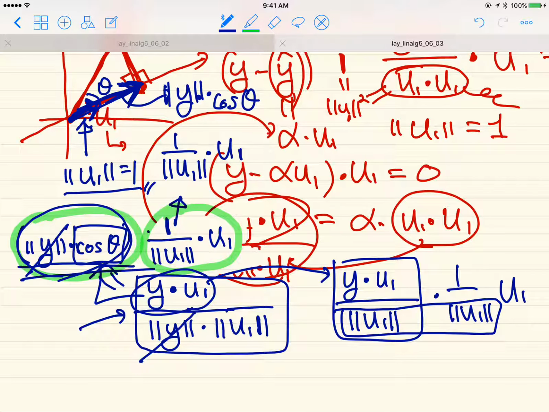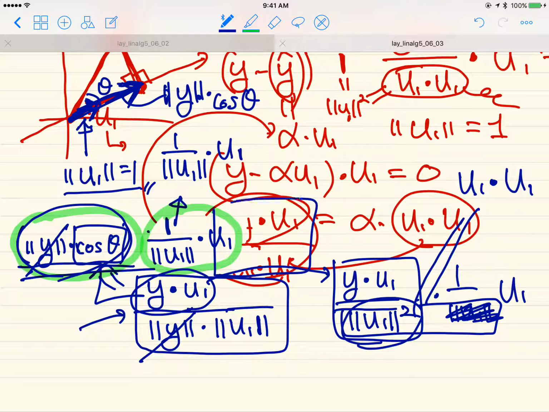These parts will become the squared length of the vector u1, which is u1 inner product with u1.